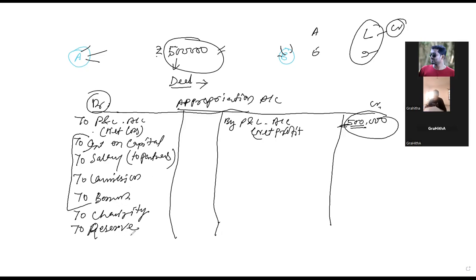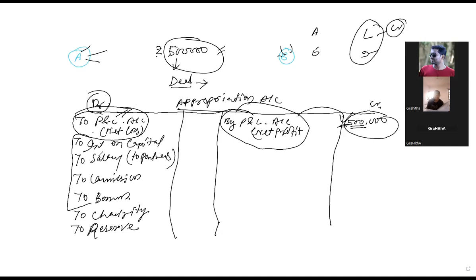That's it, right? So on the debit side, what are the things we have? To profit and loss account: if you have any net loss, then only the brought down will come on that side. That means expenses or losses come on this side. The 5 lakh rupees income you have is written on the credit side.